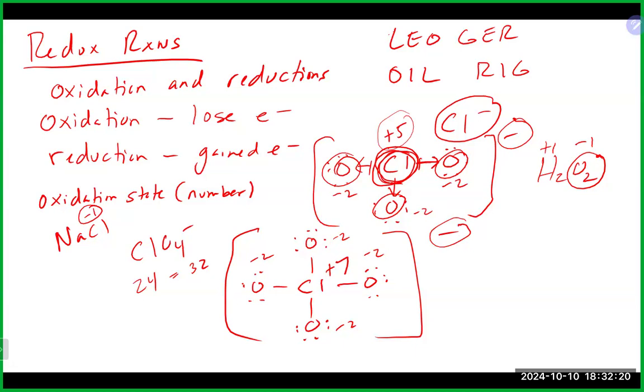Other questions on that? So how do you know really when you're looking at it, if you could sort of figure out the oxidation state of everybody? Is somebody being oxidized or is somebody being reduced? There's a really simple way to do it, which is like a good old-fashioned number line. And I believe to the right of 0 are positive numbers, to the left of 0 are negative numbers.